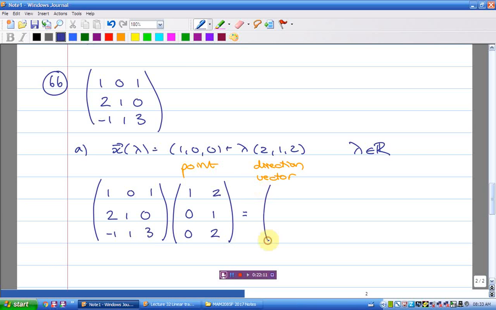Okay, matrix multiplication! So what's that? 1 plus 0 plus 0. 2 plus 2. 2 plus 0. Oops, 2 plus 0 is 2. 4 plus 1. Minus 1. Minus 2 plus 1 is minus 1 plus 6 is 5.